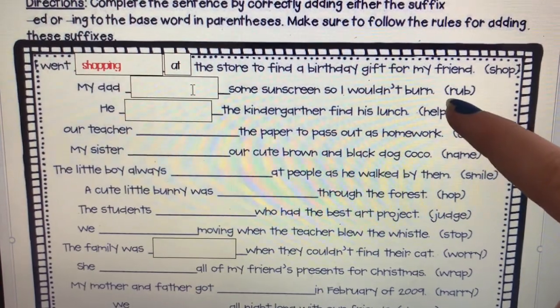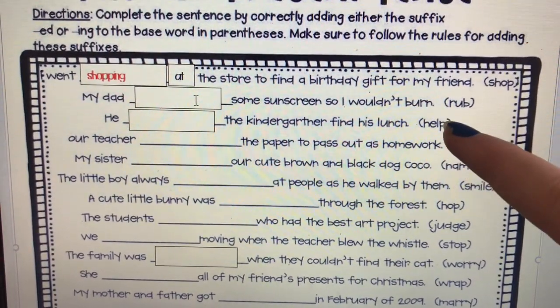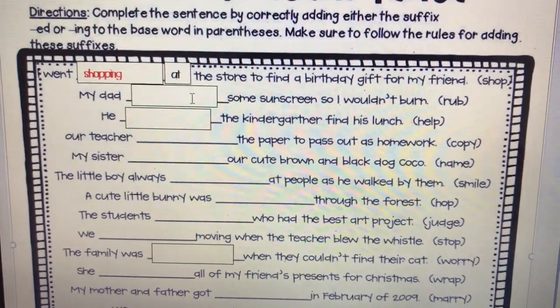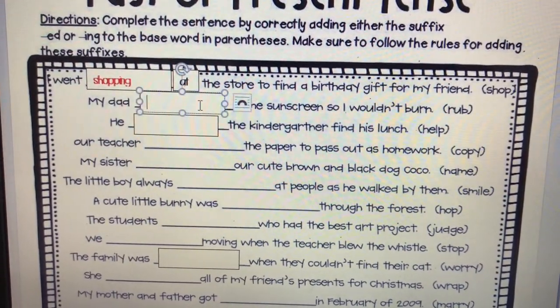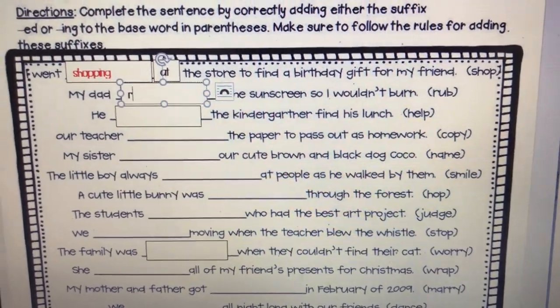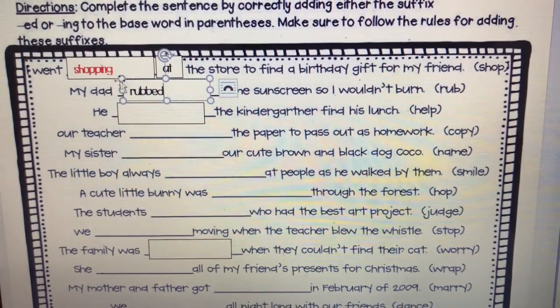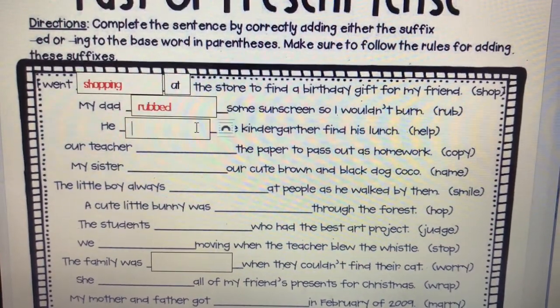We have a vowel and then a consonant, U and then B. So when we have a vowel and then a consonant, we need to double the consonant at the end. So rub becomes rubbed, R-U-B-B-E-D, rubbed.